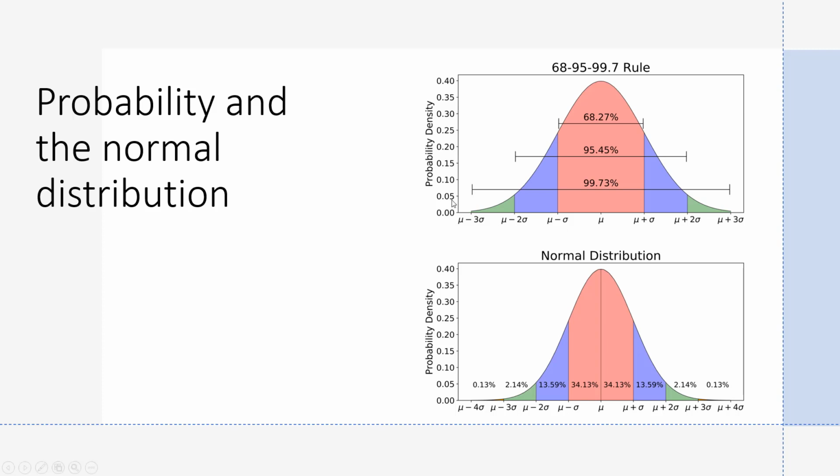And we tend to use a value of 0.05. So if you follow that across, we'd see that anything in these green areas we would tend to say is statistically significant. It's very unusual. It's not typical, in a normal distribution.